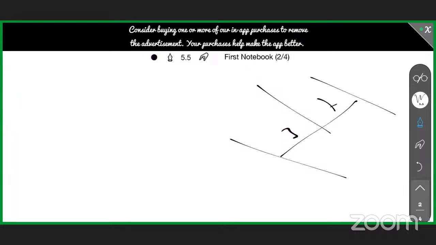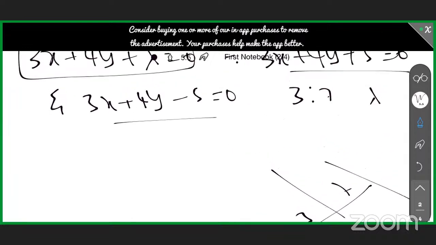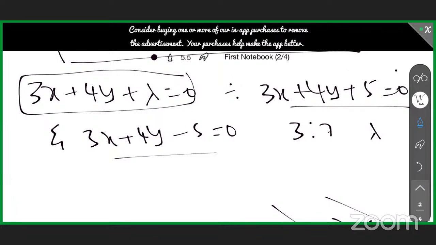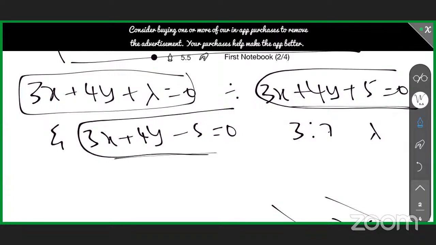find the distance between two lines. If you look carefully, these two lines are 3x plus 4y plus 5 is equal to 0 and 3x plus 4y minus 5 is equal to 0. What kind of lines are these? Perpendicular?